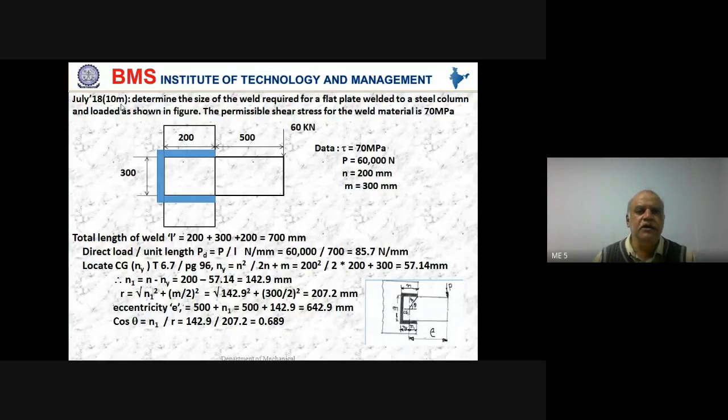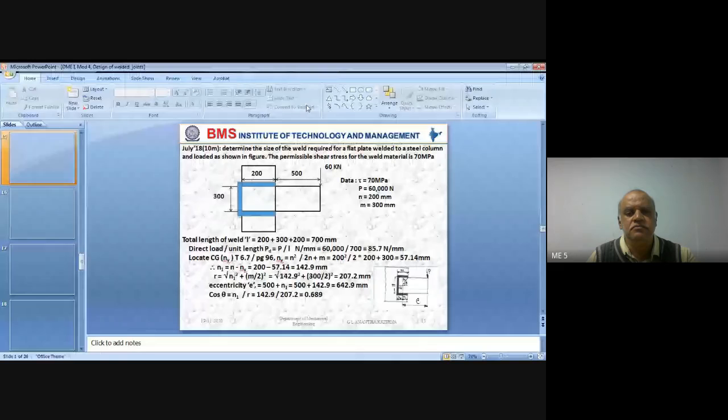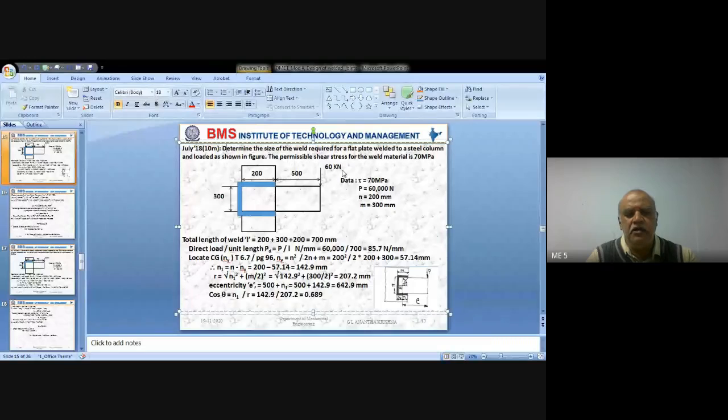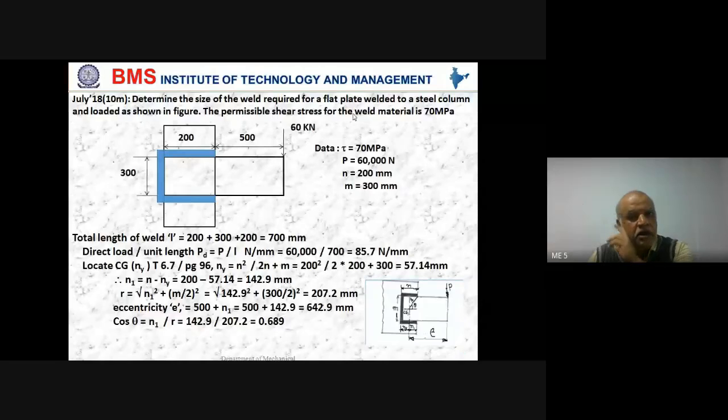So let's take up a problem. This was asked for 10 marks. Please note down the problem. Determine the size of the weld required for a flat plate welded to a steel column and loaded as shown in the figure.